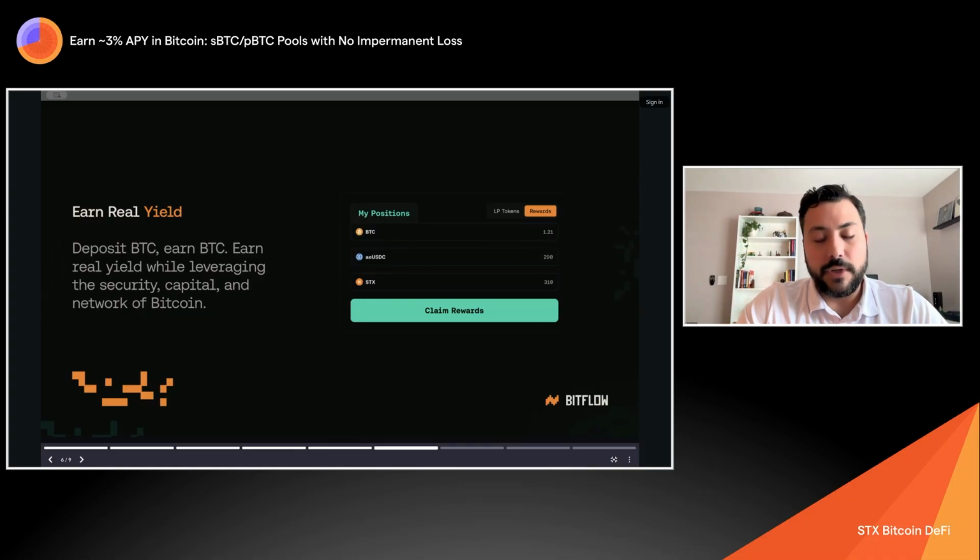We give users the opportunity to come in and participate in those pools. And with BTC or any tokens you deposit, you earn in BTC. So you have the opportunity to earn what we call real yield, and that's some of the opportunities we're going to go over today.